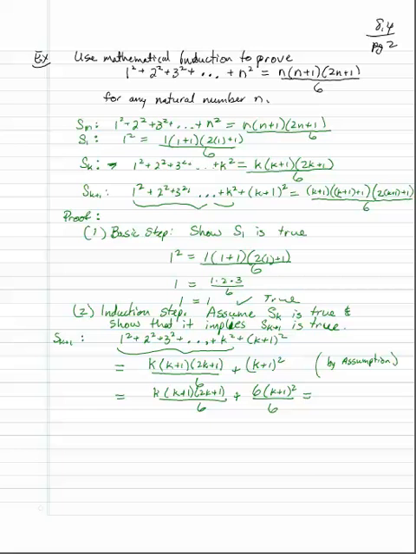Okay, and notice that we got k plus 1 in both of these terms, so I'm going to factor that out. And then what's left is k times 2k plus 1 plus 6 times k plus 1.